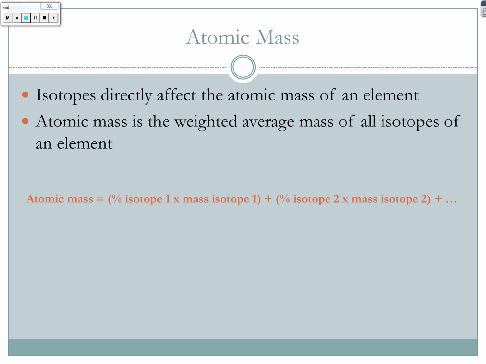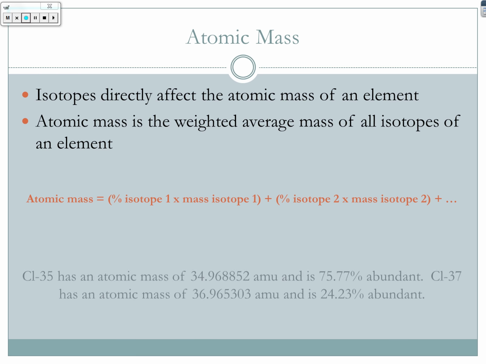It's somewhere around 99% predominant, and U-235 is only about 0.3% predominant. And so U-238 makes up the majority of its atomic mass, which is why it's higher than U-235. This is important and can help you figure out which of the isotopes is more abundant: if you are given two different isotopes, and the atomic mass is closer to one isotope than the other, then you know which one is more abundant.